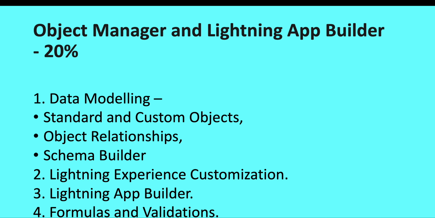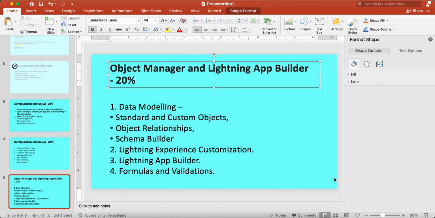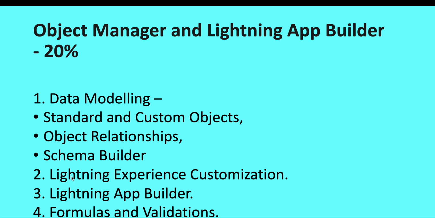We will study a lot about that, and then finally we will go into the schema builder and look at how all of our tables and objects actually look in the schema builder. So this is all I will cover in today's video.